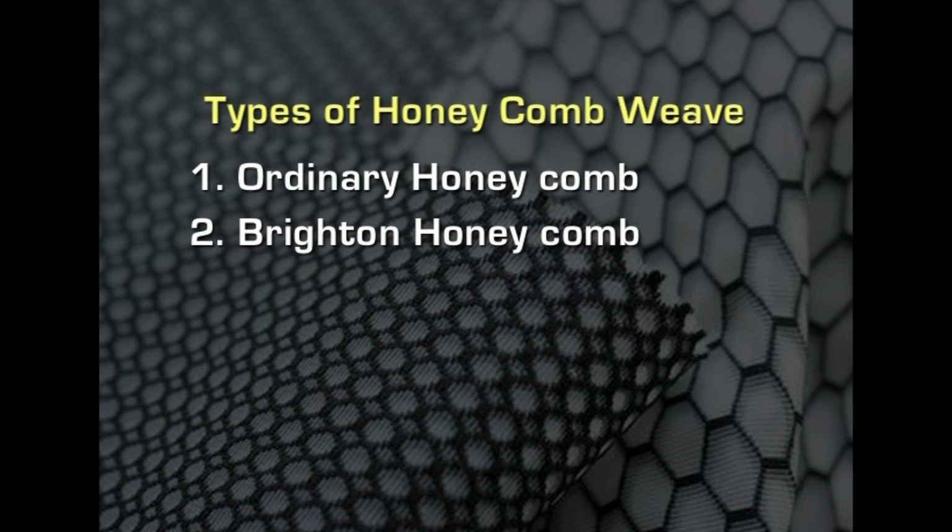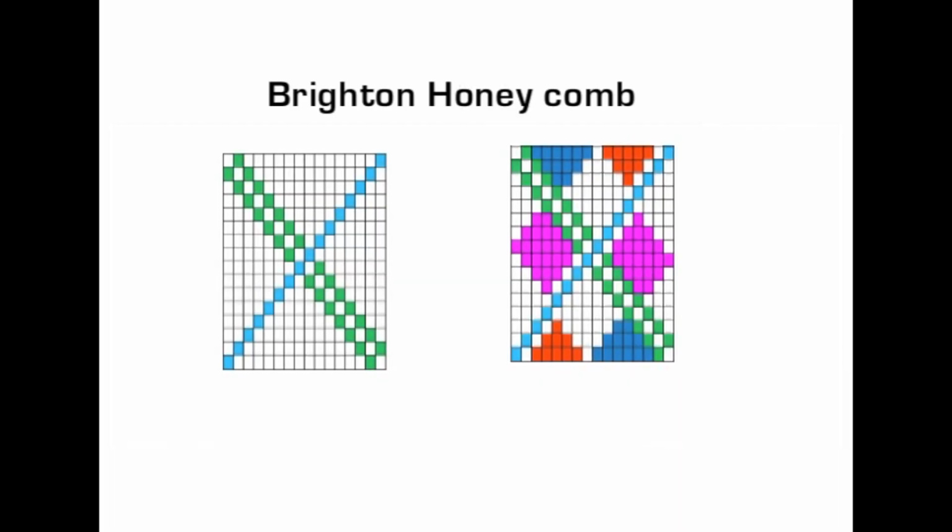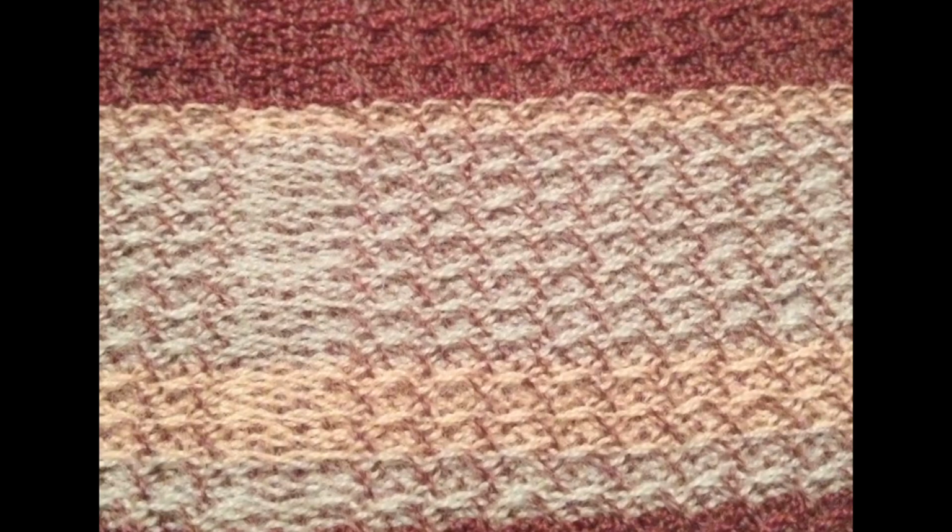Then coming to the second type of honeycomb, that is Brighton honeycomb. This is designed to produce more honeycombs of different sizes on the surface of the fabric. It is a type of fancy weave with more decorative effect rather than functional.